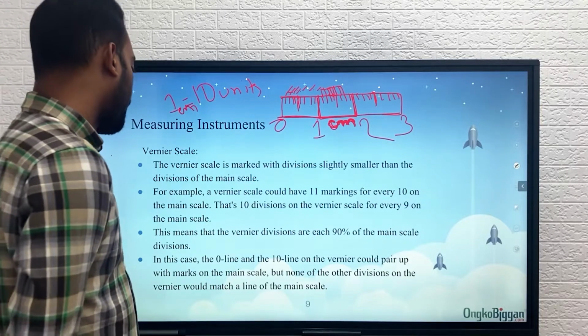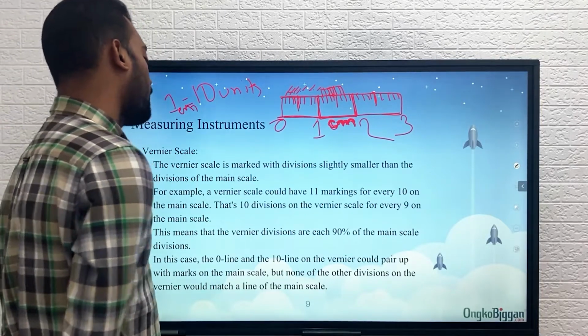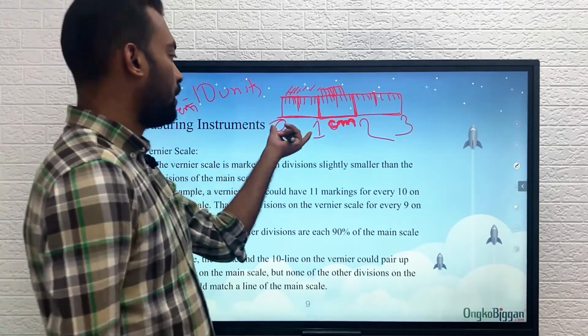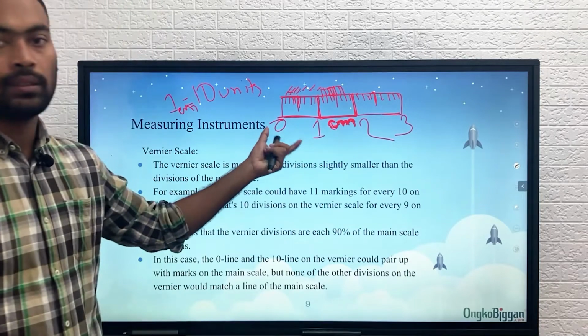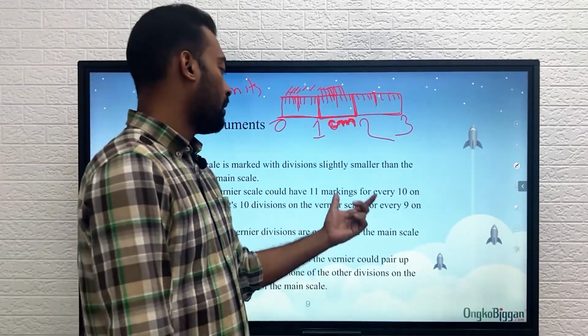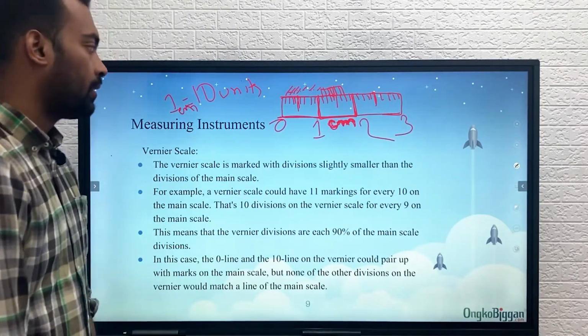For example, a Vernier scale could have 11 markings. As we know, from 0 to 1 in the normal scale there are 10 markings, right? But in the Vernier scale that could be 11 markings for every 10 on the main scale.